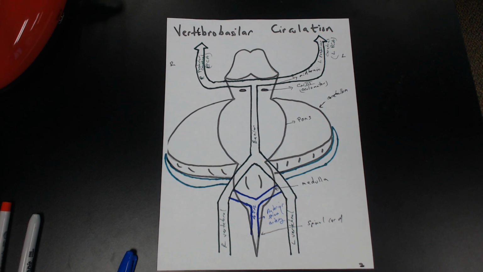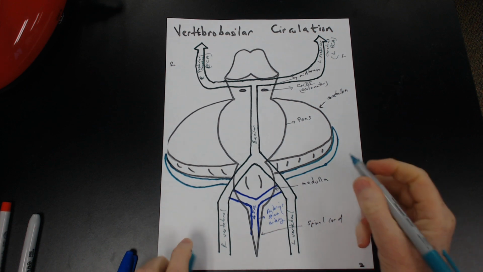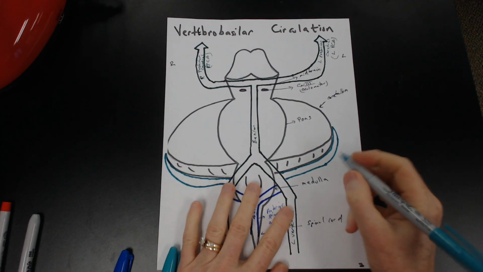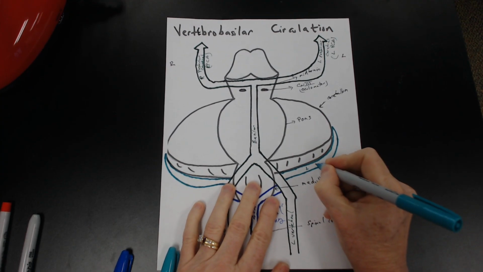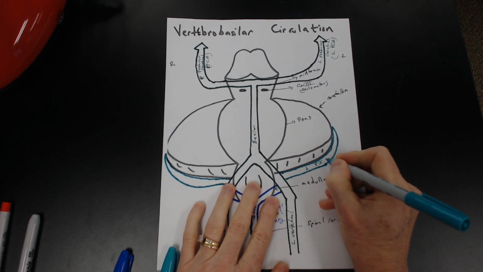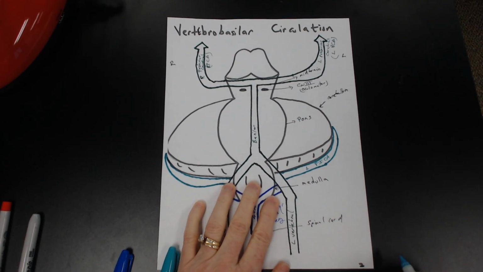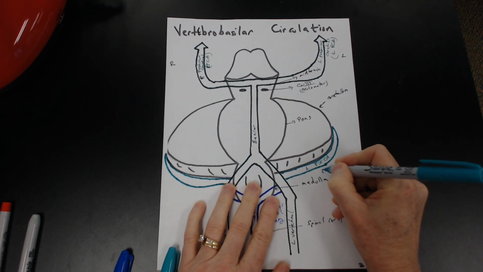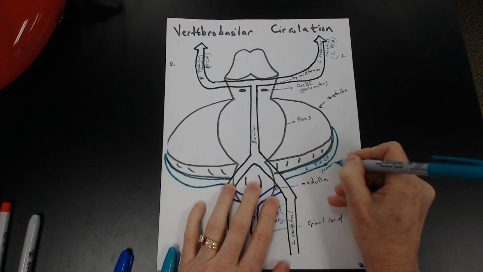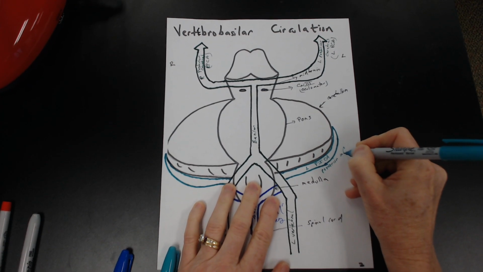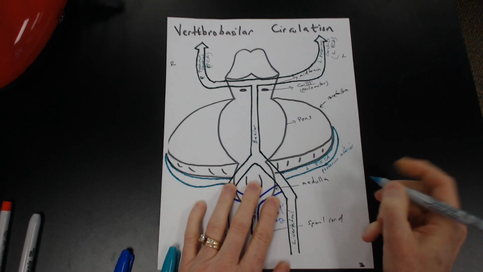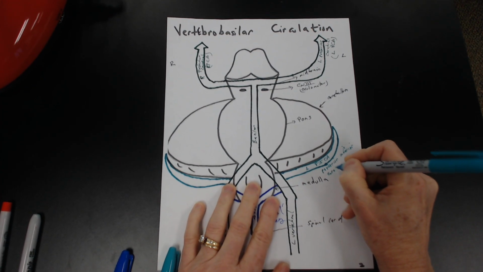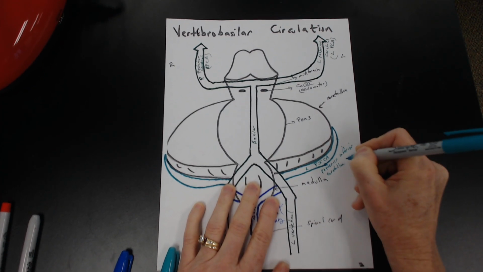What is it? I'm going to write it down. So this is going to be on the left side. You have your left PICA. PICA stands for posterior inferior cerebellar artery.